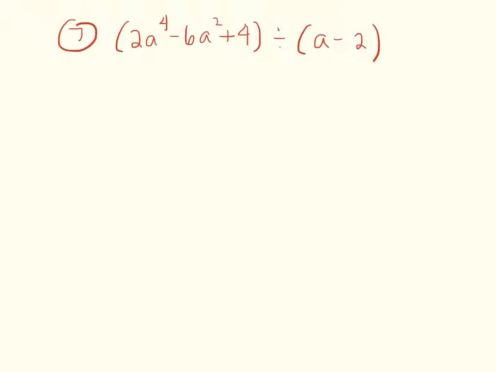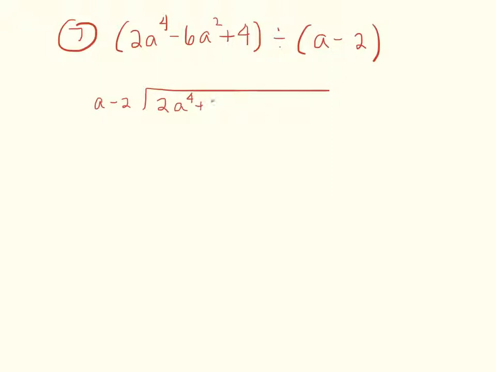Problem number 7. We've got 2a to the 4th minus 6a squared plus 4 divided by a minus 2. Okay, I'm going to do this by long division, so I'll go a minus 2 divided into 2a to the 4th.